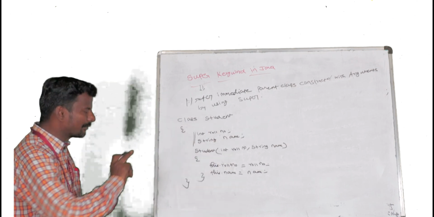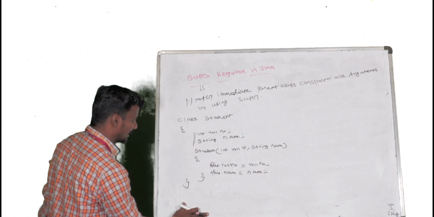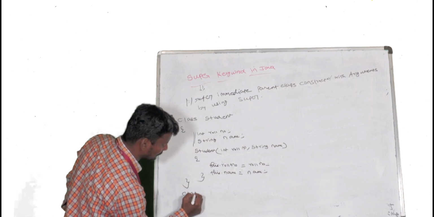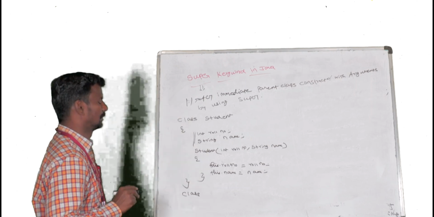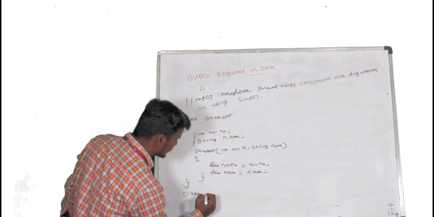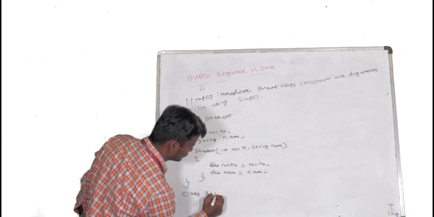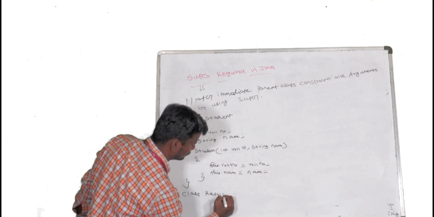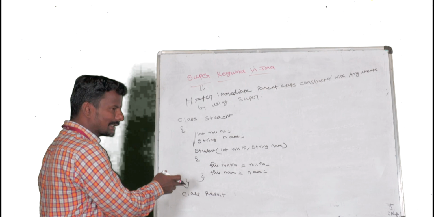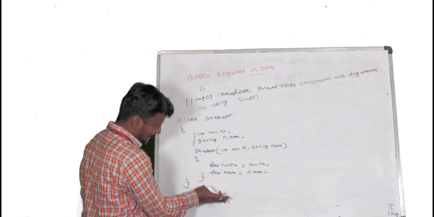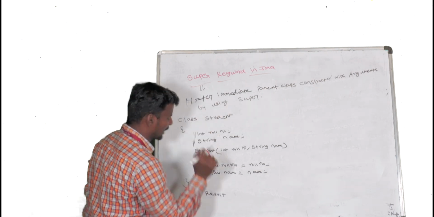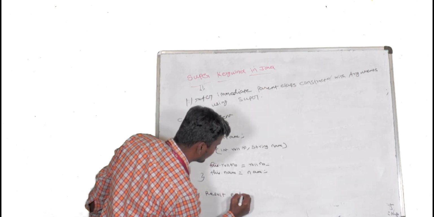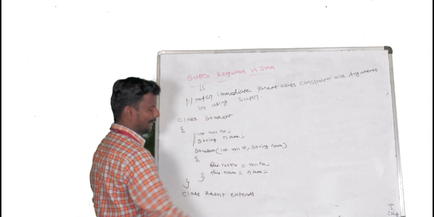Now I have to derive one more class. The name of the class is Result. This derived class will be derived from the base class only, so we use the keyword extends.